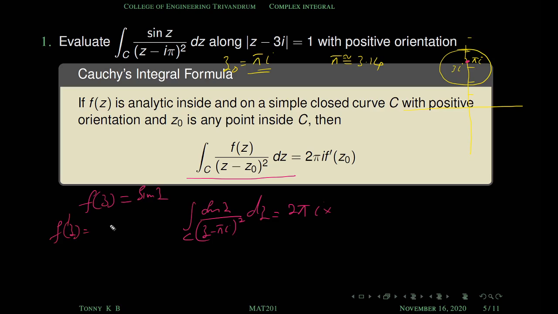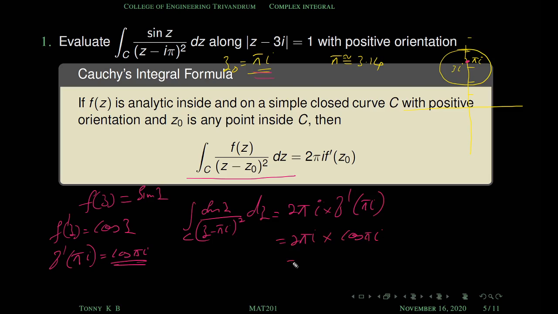We know that f dash of z is cos z. What about f dash of z naught? Here z naught is pi I, so f dash of pi I is cos pi I. So this is 2 pi I into f dash of pi I, which is equal to 2 pi I into cos pi I.